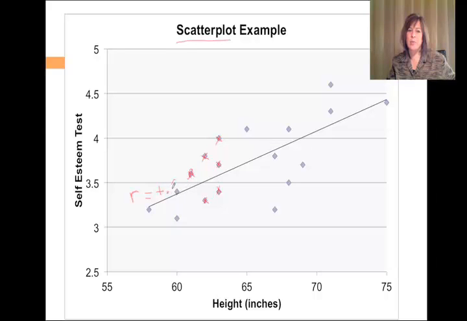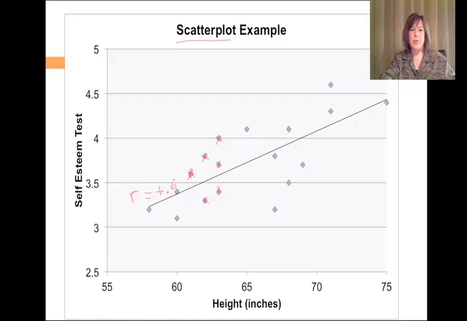Let's say it's 0.6, an R of positive 0.6. I just made that up. So it's a fairly strong relationship, and it's positive. As height goes up, self-esteem goes up.